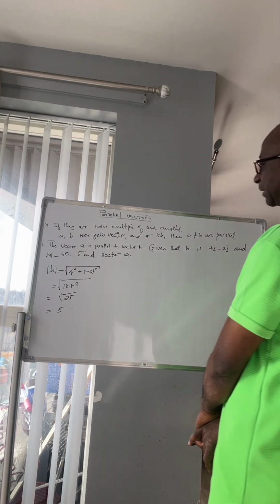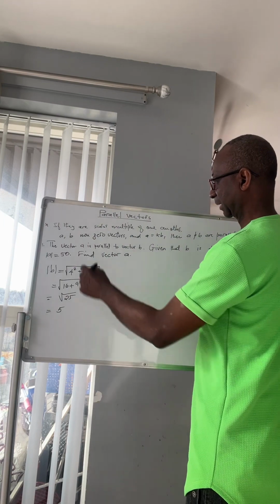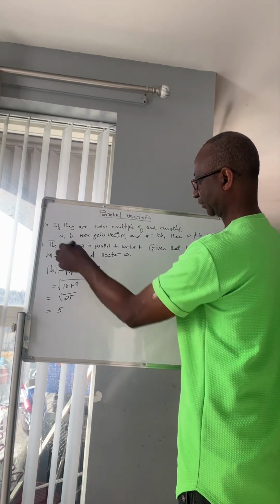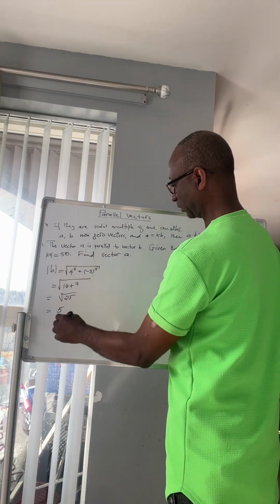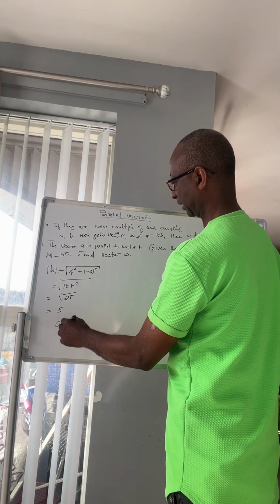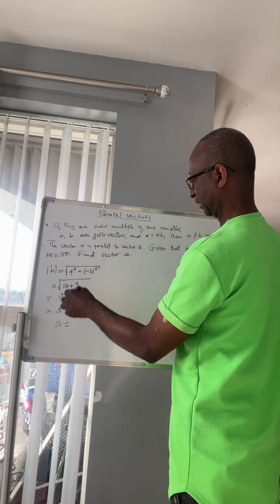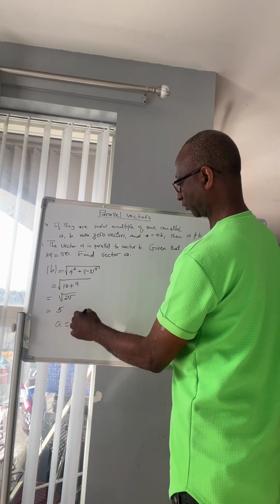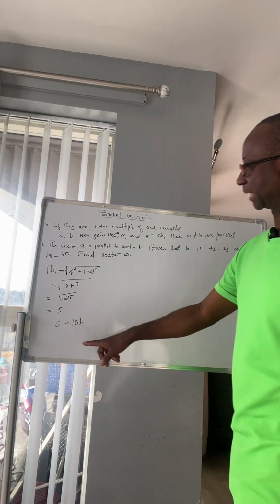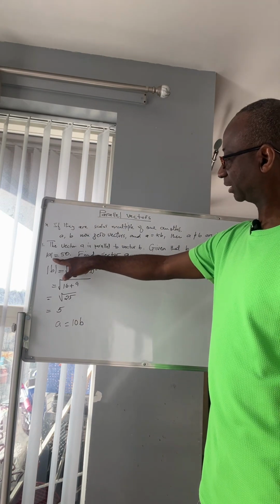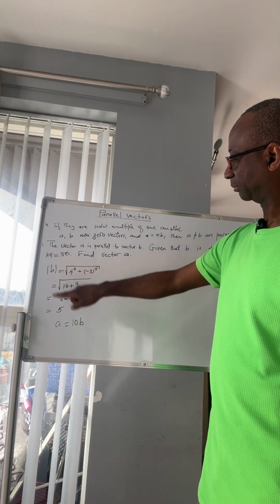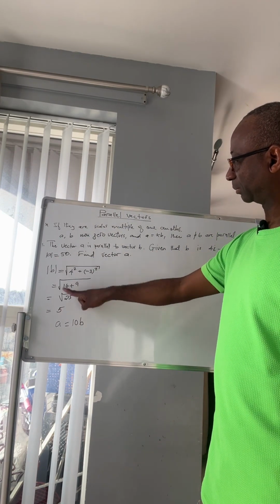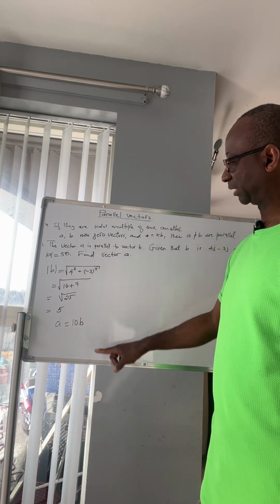So is there any relationship we can make between B and A? We now see that the magnitude of vector A is 10 times that of the magnitude of vector B. It's 10 times. The magnitude of A is 50, B is 5. So when you multiply 5 by 10, you get 50.